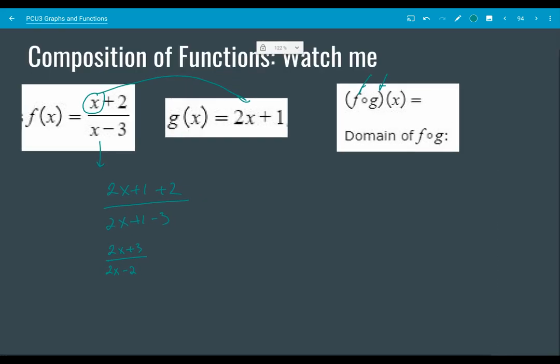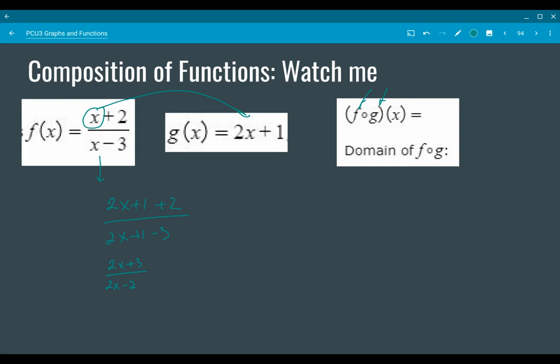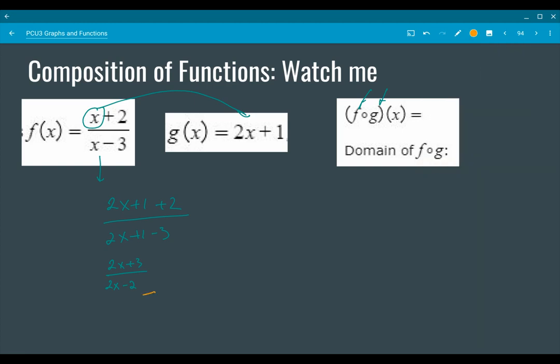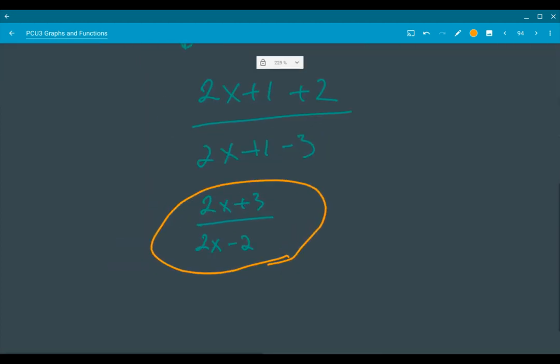And now we're looking for the domain. So the domain of f of g of x. This can get somewhat complicated, but simply what it's asking is, we look at our composition function here, and what are all possible input values? So what are all possible x values?